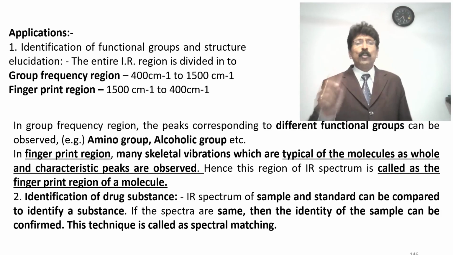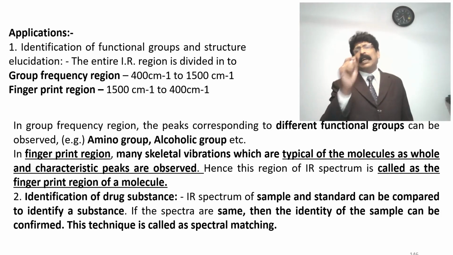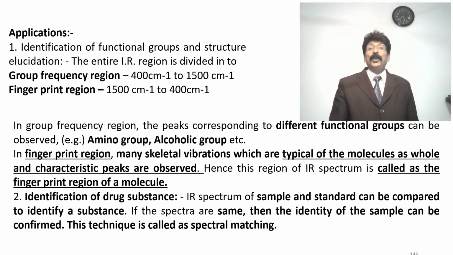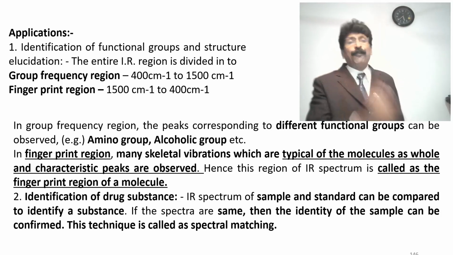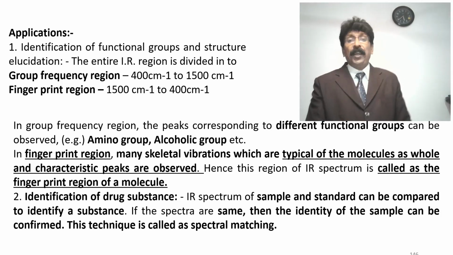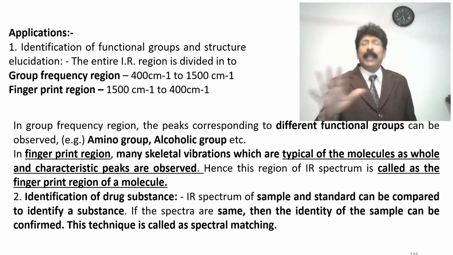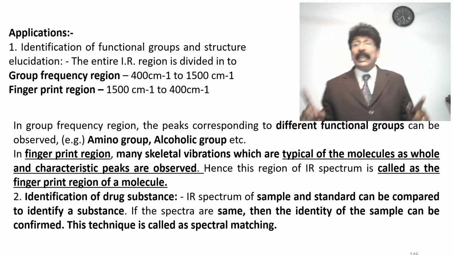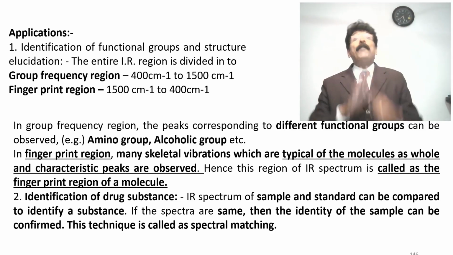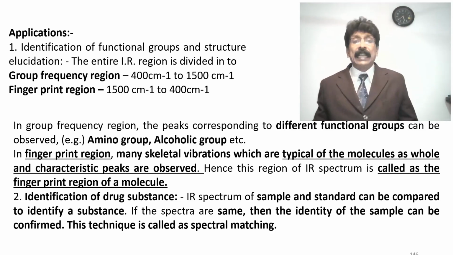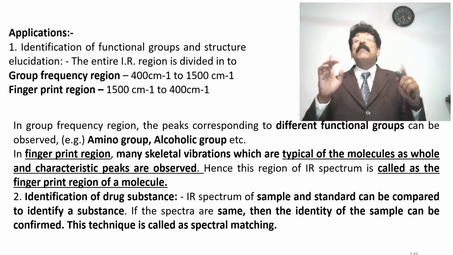Number 2, identification of a drug substance can be done. The IR spectrum of a sample and a standard can be compared to identify a substance. If the spectra are the same, then the identity of the sample can be confirmed. This technique is called the spectral matching technique.